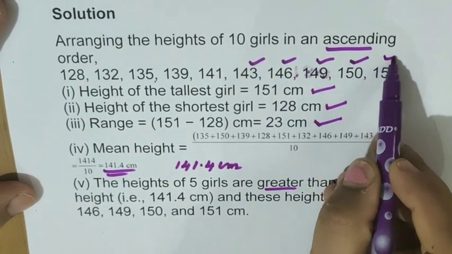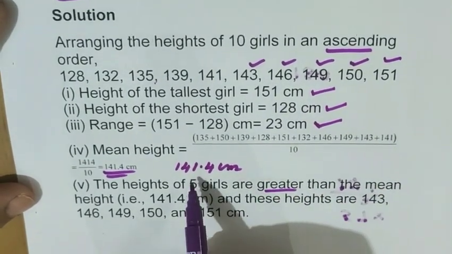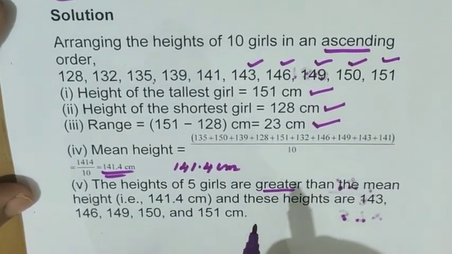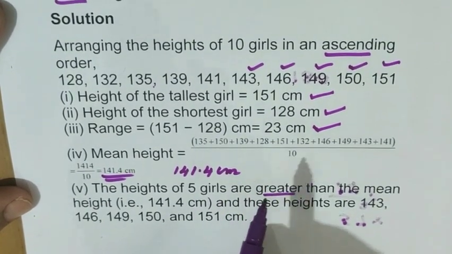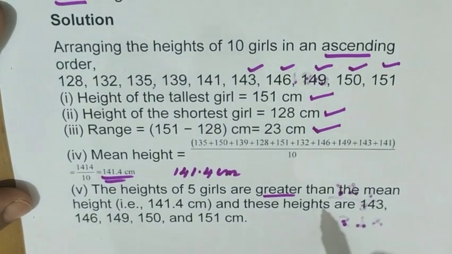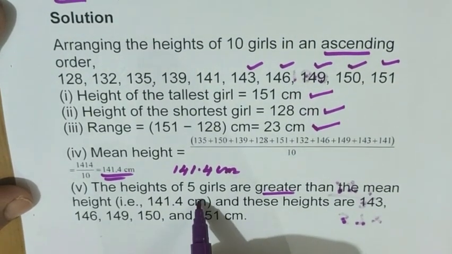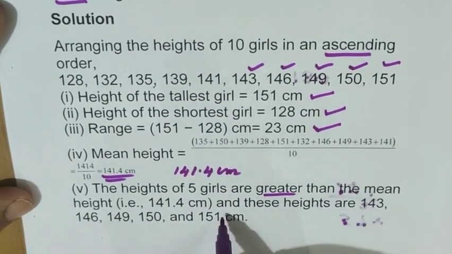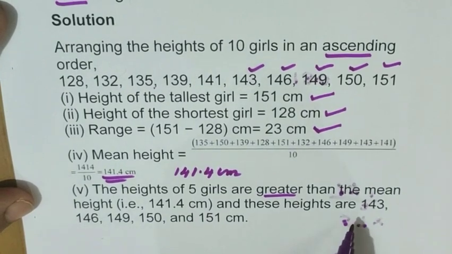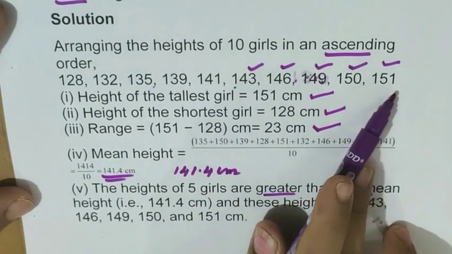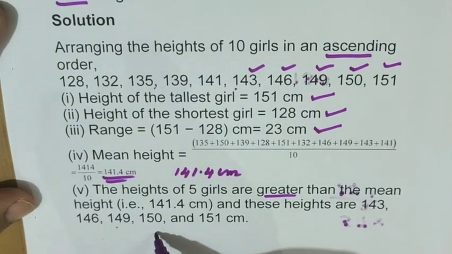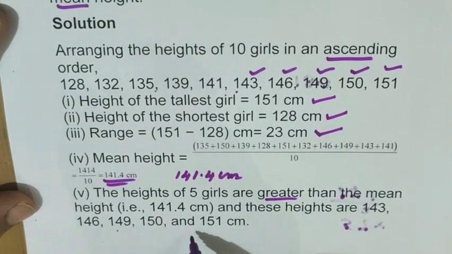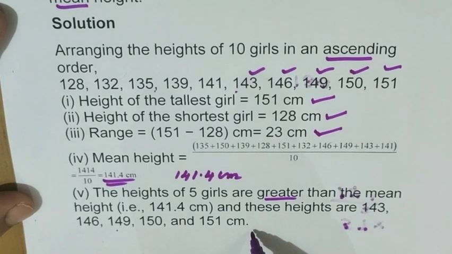Now 150 and 151 are also greater when compared to the mean. Mean is just 141.4. Understood? So how many observations are we getting there? 5 girls. So 5 girls are greater than the mean height. And these heights are 143, 146, 149, 150 and 151 centimeter.